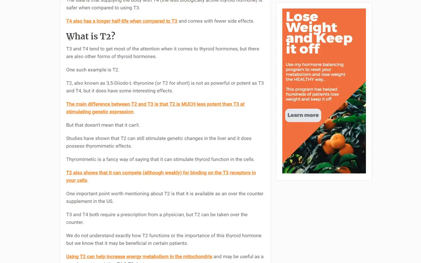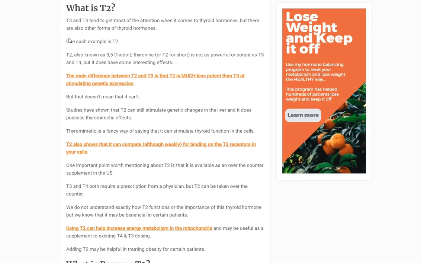T2, again, is not as biologically active as T3, but it seems to have some very specific effects. It can help increase energy metabolism in the mitochondria and can be used to help increase heat production, which, if you listen to any of my other videos or read other blog posts, you know are important factors in helping maintain your metabolism.